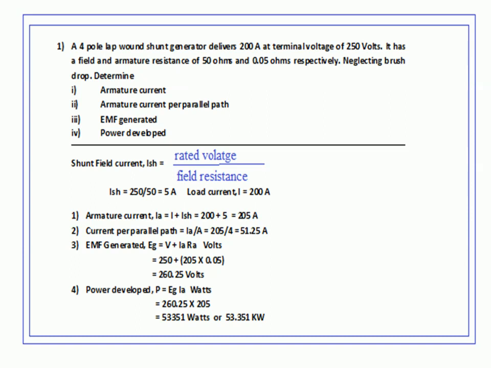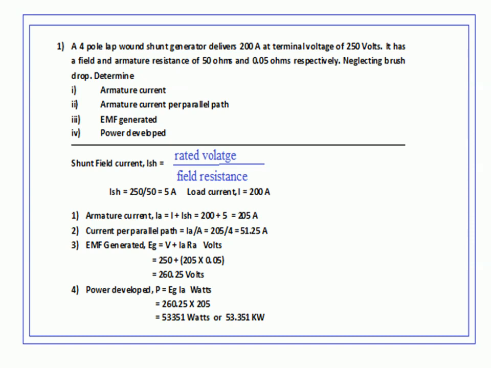Number 1, armature current equal to I plus ISH, applying KCL. Number 2, current per parallel path: Ia is the current, and capital A is the number of parallel paths. It may be lap winding or wave winding. Now it is lap winding, number of parallel paths equal to 4, giving 51.25 ampere. Number 3, generated EMF, Eg equal to V plus IaRa.